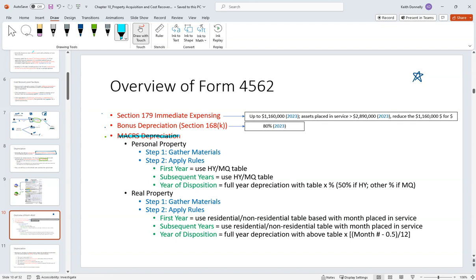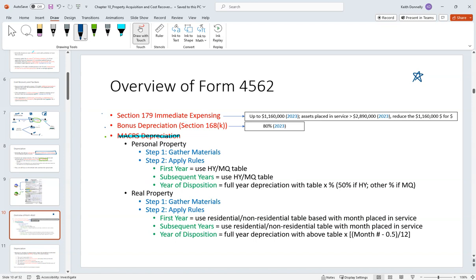MACRS depreciation. So first off, the idea with MACRS is that it's the Modified Accelerated Cost Recovery System. That's just a fancy way of the IRS saying, hey, here are our rules to depreciate property. And essentially, with these rules, again, we're talking about business use property.